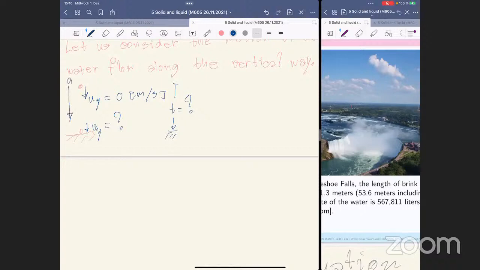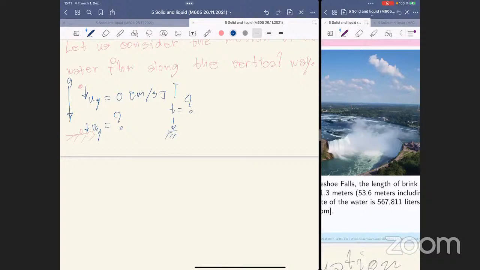It is g, okay? g is the acceleration that always takes place with this water drop or water flow, right? So from your material 4, what formula do you have in material 4?